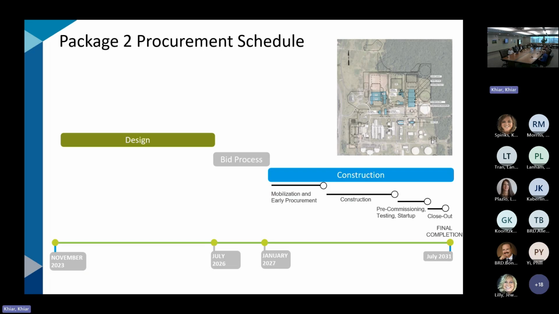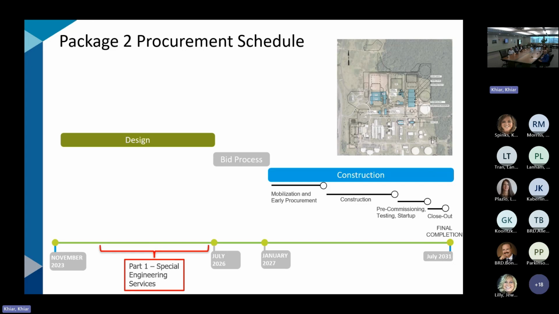Okay. So this is the schedule for the larger package 2 project here with design already underway. The part 1 special engineering services, or the Andritz design, the idea is that would run concurrent with the package 2 design. And again, it would fit into that package 2 design.